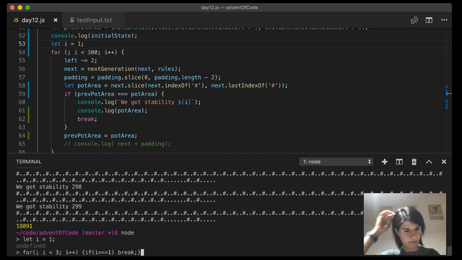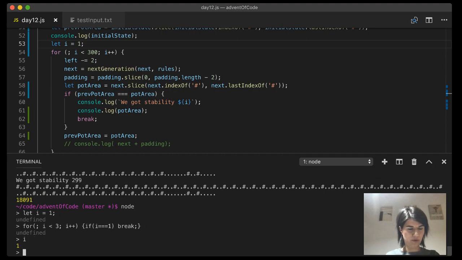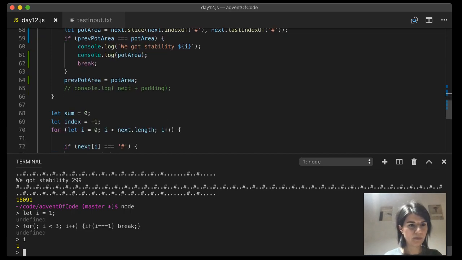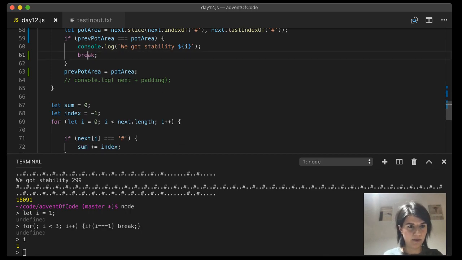Will that now give me, oh, that gives me I is equal to 1. Yeah, so we are breaking, and because we broke, I doesn't increase anymore. So for the first generation, we have to start with 1 because we already have the 0th generation.